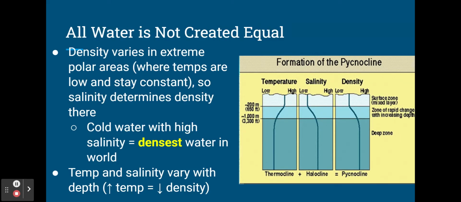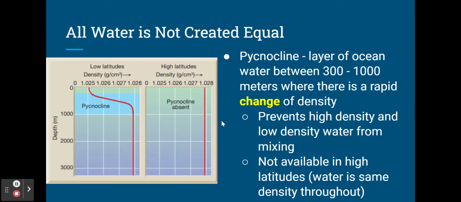So let's see. The pycnocline. The pycnocline is a layer of ocean water between 300 and 1,000 meters where there is a rapid change of density. This is basically like the thermocline, right? Except it's not thermo because it's not temperature, it's density related, so we call it a pycnocline.